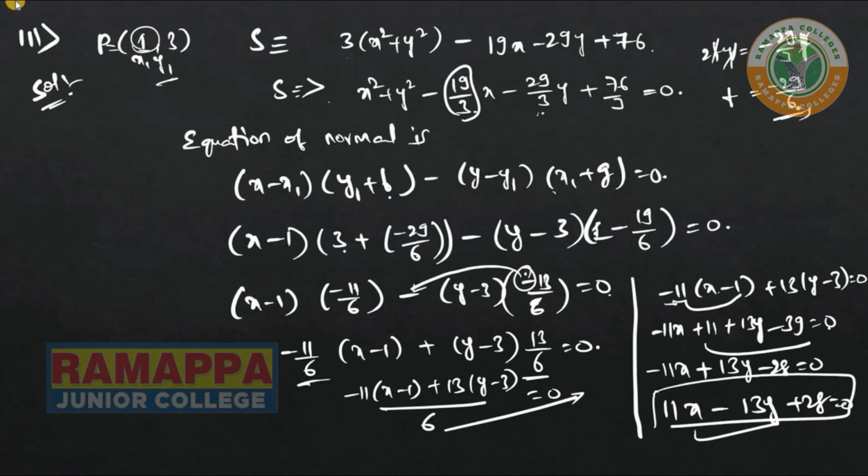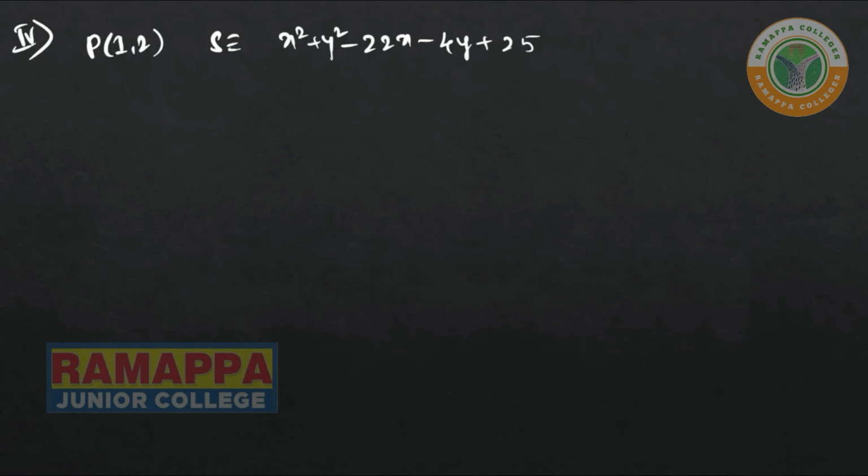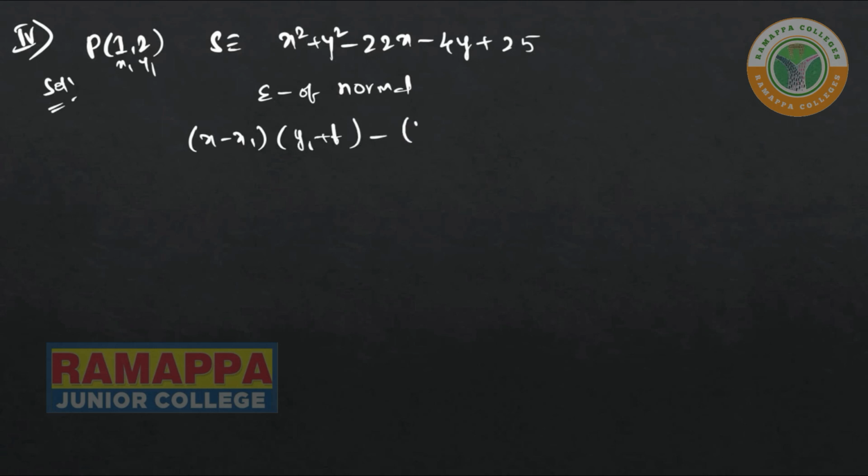Now move to the next question, the fourth question. Here the fourth question is given that P(x1, y1) is given, and a circle is given. Here the equation of normal is (x minus x1) into (y1 plus f) minus (y minus y1) into (x1 plus g) is equal to 0.